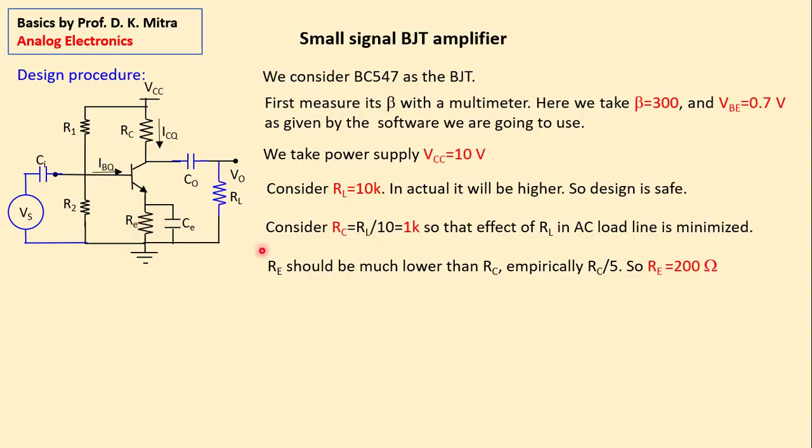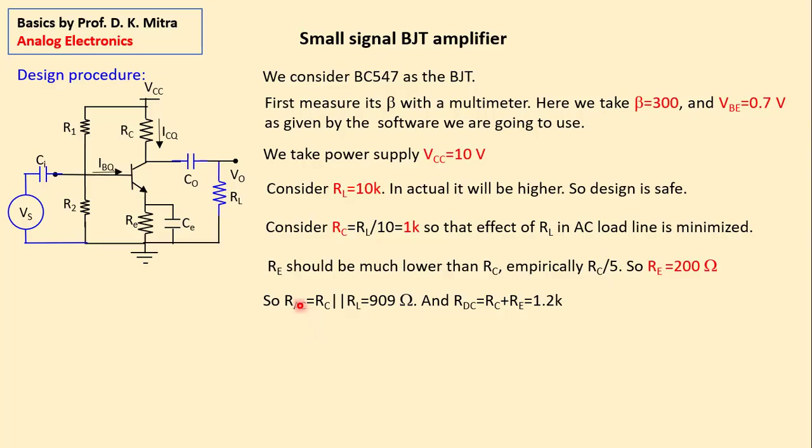So you take the value of RE small, which is empirically RC by 5. RC is 1K, so RE is 200 ohm, right? In your laboratory, you can use 200 ohm resistances in series. That will make 200 ohm. In that case, you remember our last lesson, we talked about RAC and RDC.